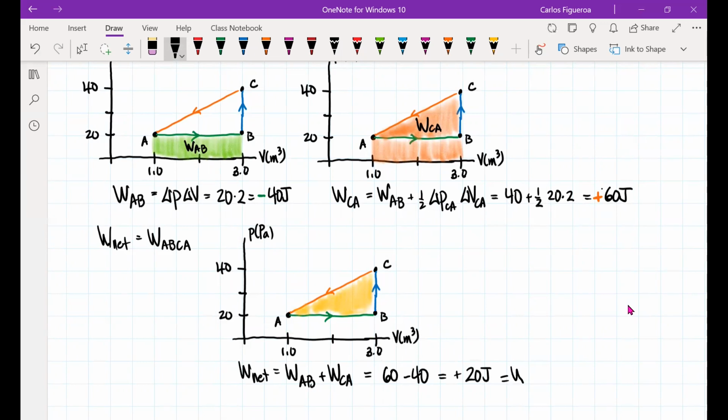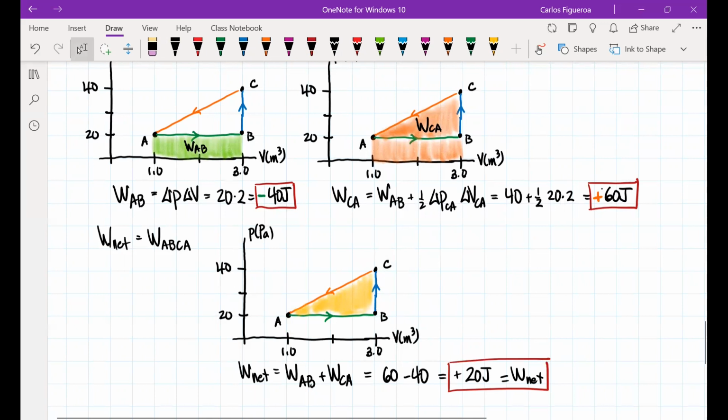So this is my net work. Here's my work from A to B, my work from C to A, and this is my net work right here.